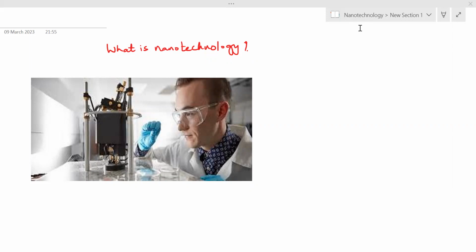Nanotechnology is nothing but the synthesis, design, and application of nanostructures, and it is the study of properties or phenomena with respect to material dimensions.